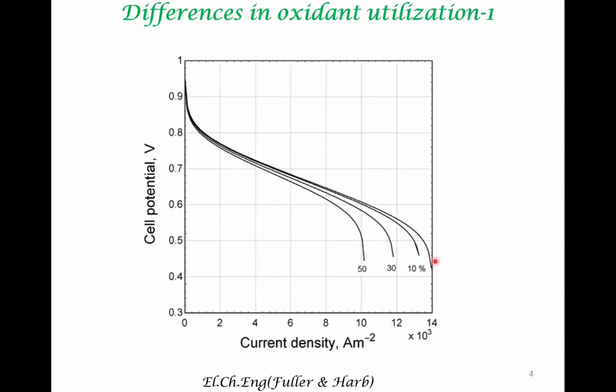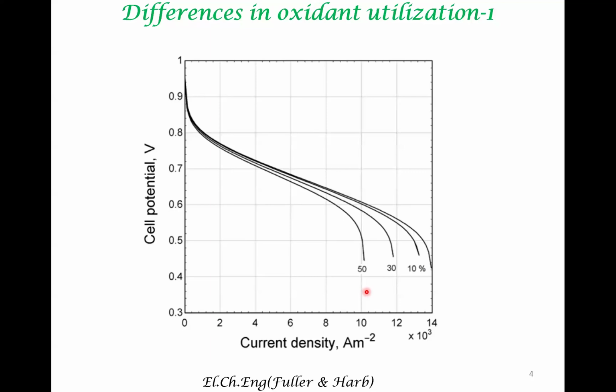But what is the problem? Even though your overpotential loss is very limited, you would be spending a lot of energy in pumping a lot of oxygen or air through the fuel cell, and much of the air is not utilized. As opposed to that, this is another extreme between these four curves, wherein the utilization rate is 50%.